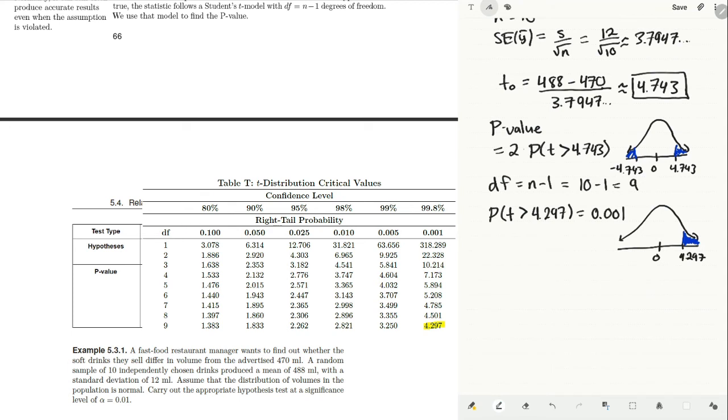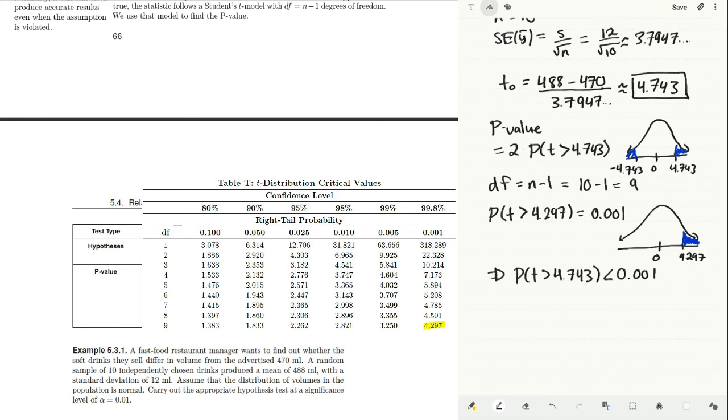So if the area to the right of 4.297 is 0.001, then this tells us that the area to the right of 4.743 will be less than 0.001.